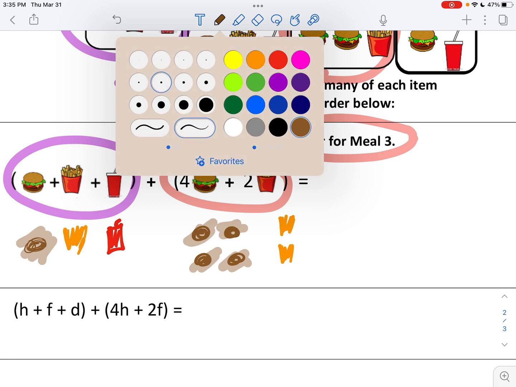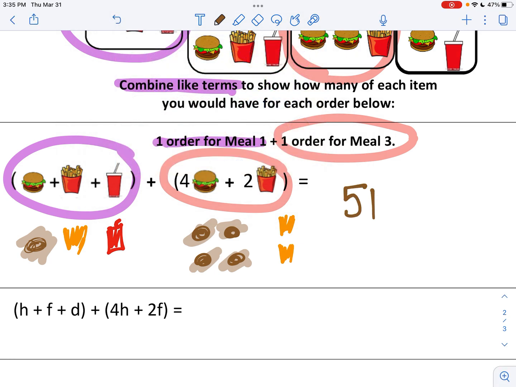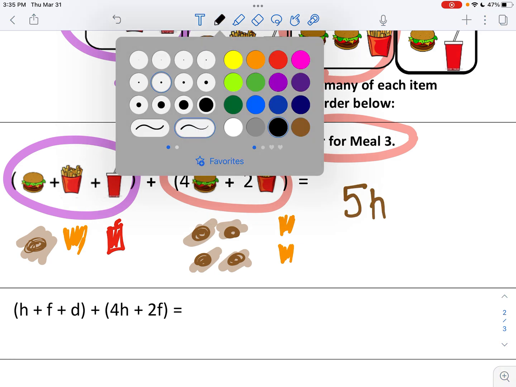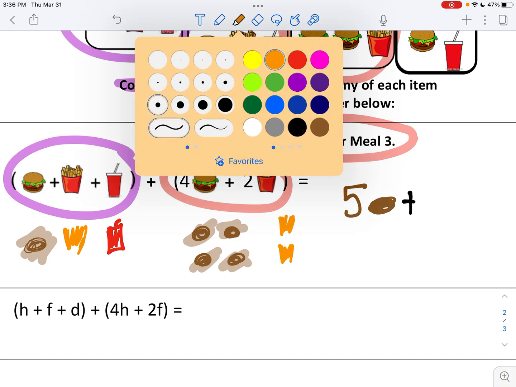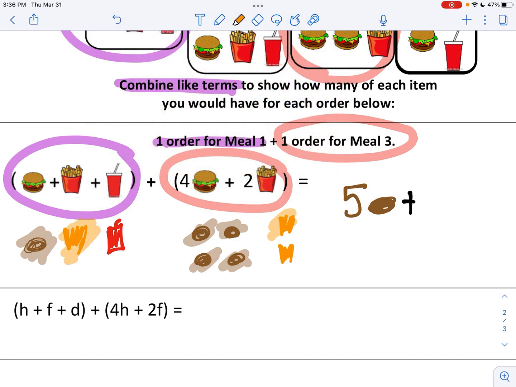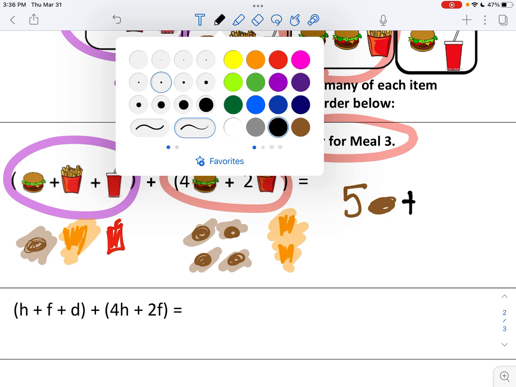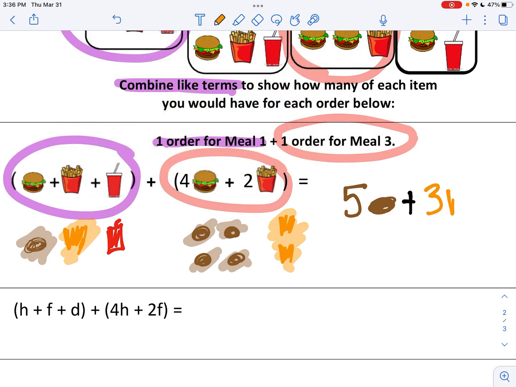So I'm going to write 5 burgers. Oh, sorry, I'm going to draw the burger here. Sorry, the letters go down below. 5 burgers. And I've got some fries. I have 1, 2, 3 fries.